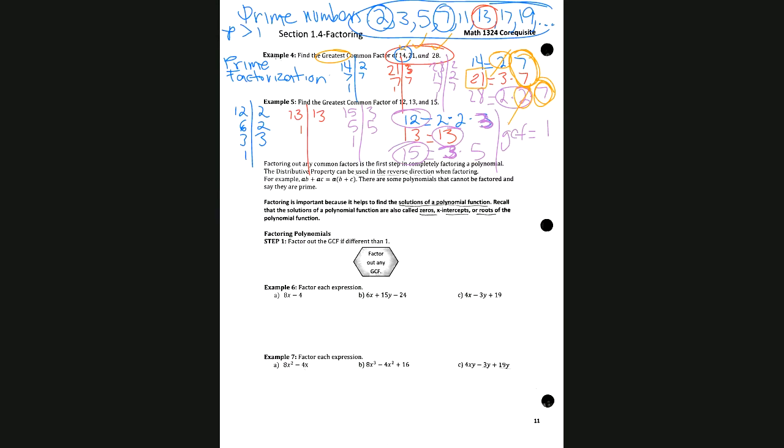So you could think of, for example, when we have a number or a variable multiplying something inside the parentheses, we say we need to distribute that number or that variable. So factoring will be the reverse process, or you can think of it as going in the reverse direction.